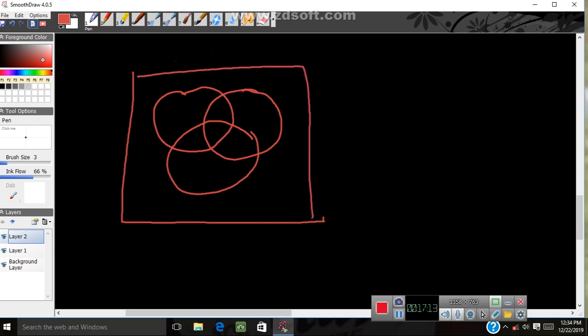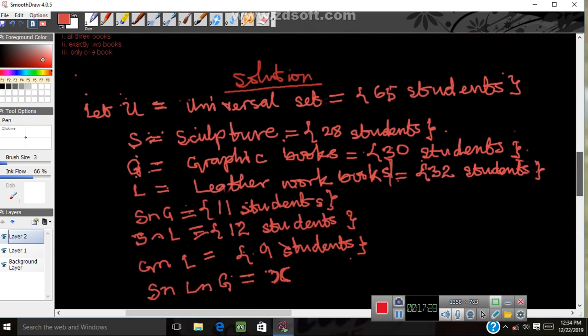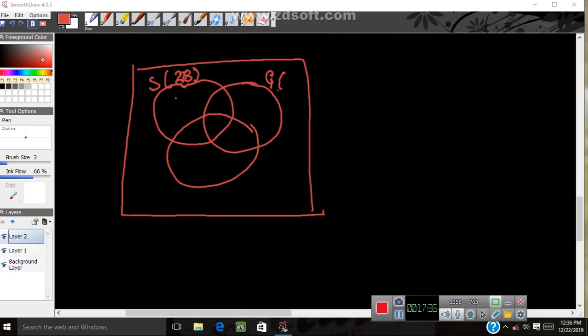Okay, good. Then we have sculpture, S, which is 32, 28 rather. Let's go back to the top and see how many students had sculpture: 28 students, so it's not 32 but rather 28. Let's maintain it at this point. So sculpture is 28. Now go to graphics, and graphics is 30.